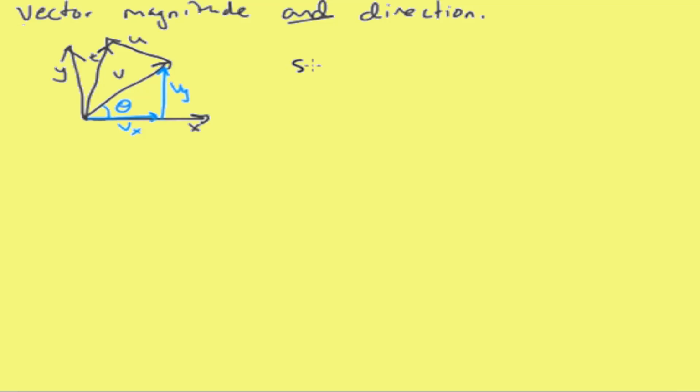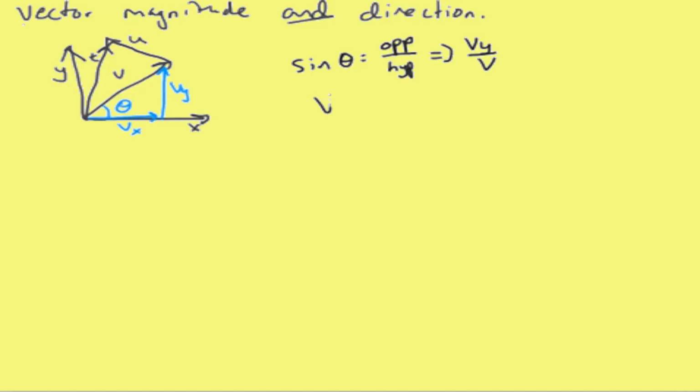If we remember from trig, sine of theta is equal to the opposite over the hypotenuse, and the opposite to this angle here is vy, so that equals vy over, and the hypotenuse is v.